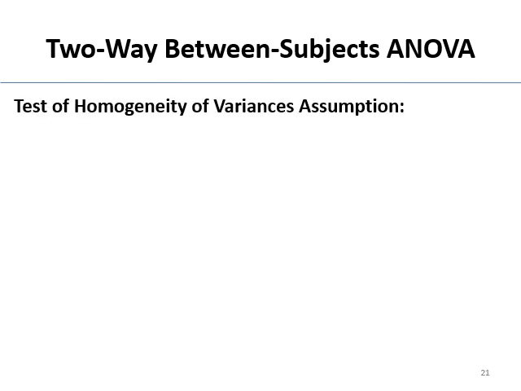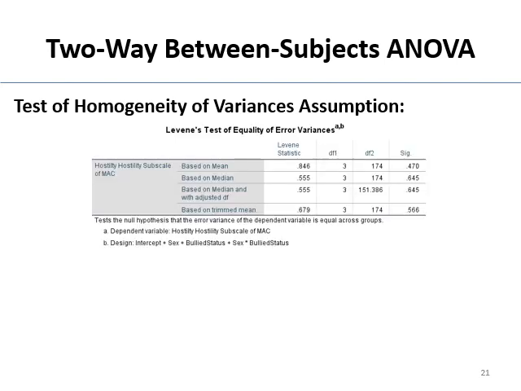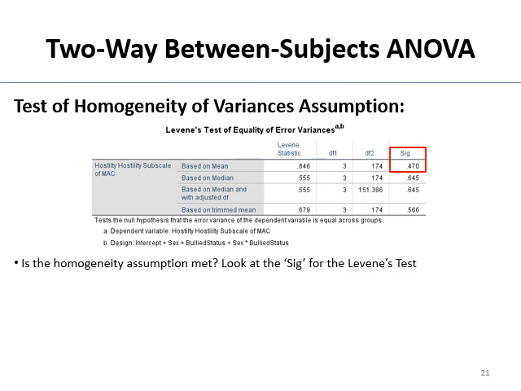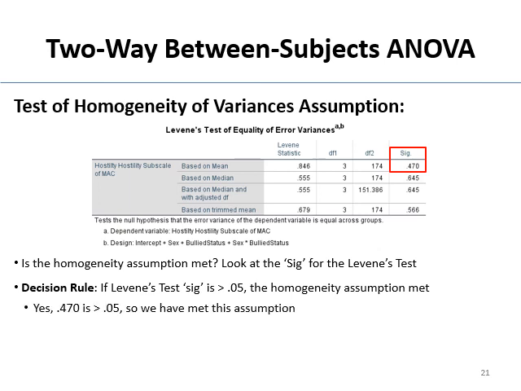So first thing you get on your output is the test of the homogeneity of variances assumption. Familiar with this? It's Levene. Use the based on mean row. So this has got to be old hat at this point. Is the assumption met? If that sig value for based on mean is greater than 0.05, we have met the assumption. It is, so yeah, we met the assumption. There's our rule.